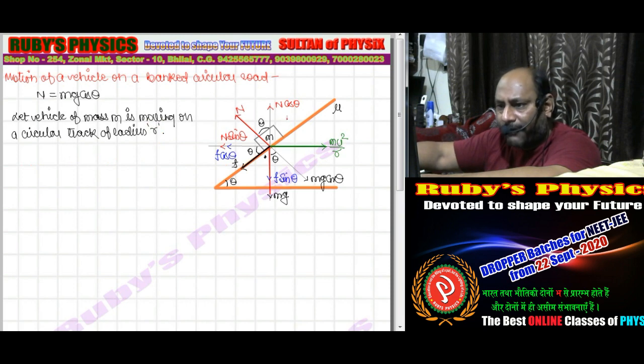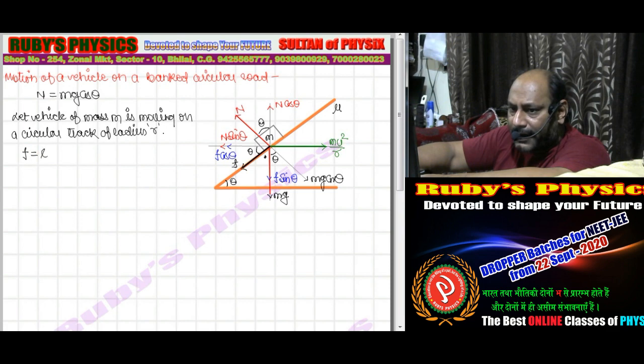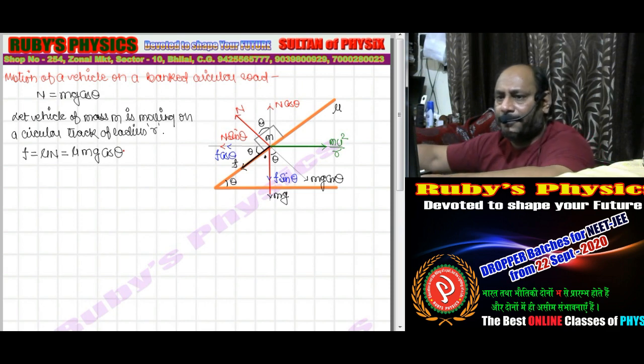Different forces I have already shown here, with N equal to mg cos theta. So let me first solve for F. You see, the force of friction we always write as mu N, and hence if I put the value of N, the force of friction will become mu mg cos theta.